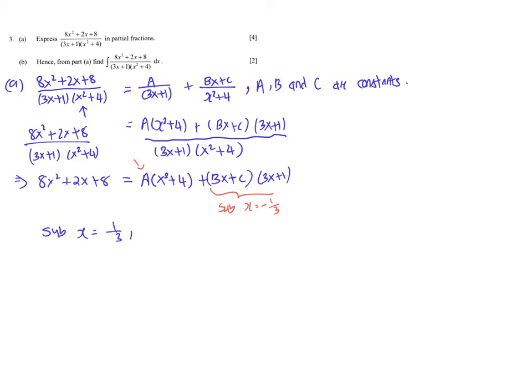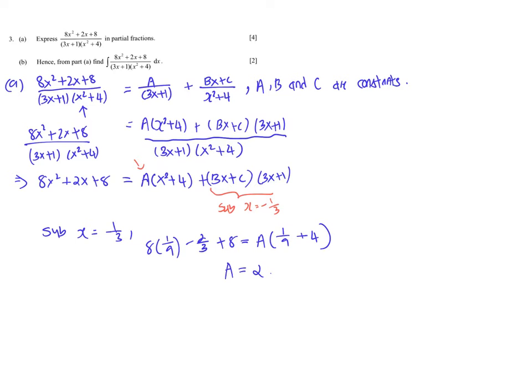On the left hand side, I will have 8(1/9) minus 2/3 plus 8, which gives me 1/9 plus 4 on the right, times A, and the (Bx plus C)(3x plus 1) part becomes 0. Solving this, my A will simply be 2.